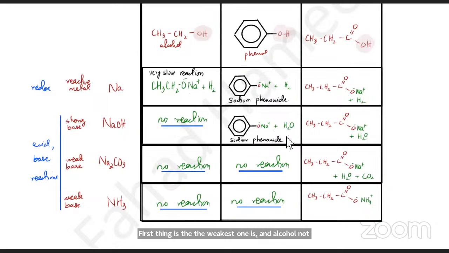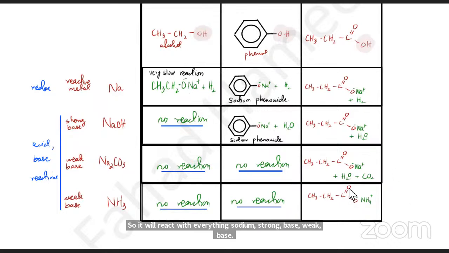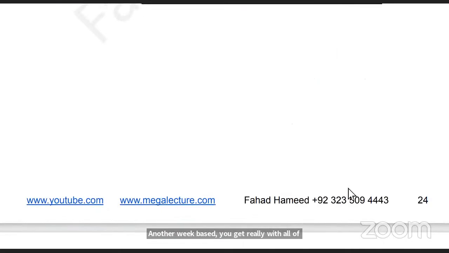Phenols are slightly more acidic. They would react with sodium, and they would also react with strong bases. And then the third, carboxylic acid, is very acidic. So it will react with everything: sodium, strong base, weak base, another weak base. It will react with all of them and form salts.